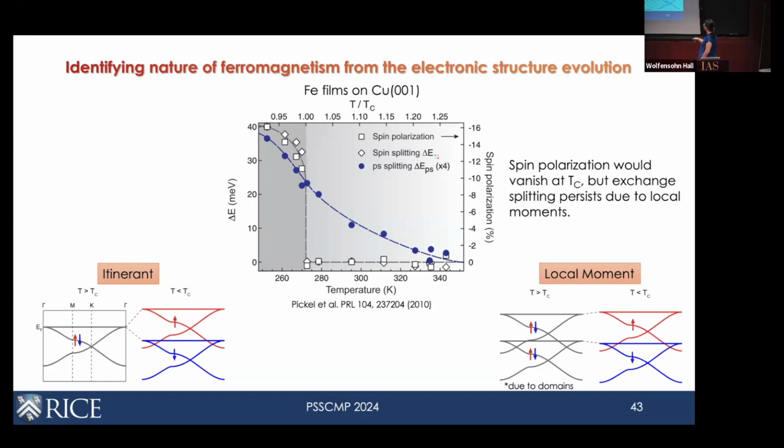So what you see is that this is the actual ordering temperature where the spin polarization disappears, but even for this iron film, the exchange splitting actually still persists well above the ordering temperature. So you can see that there's already a degree of local moment in play here. So we can use this kind of measurement to get a sense of the degree of local moment versus itinerant magnetism in these materials.